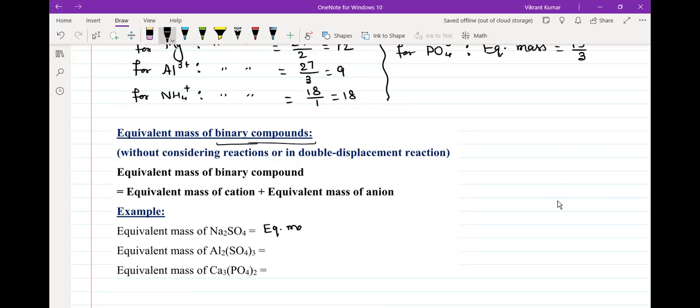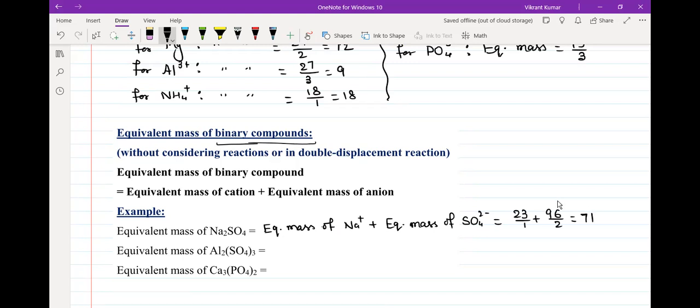Okay. So the equivalent mass of Na plus plus the equivalent mass of SO4 2 minus, and we have done the calculation. For Na plus it was 23 by 1, and for sulfate 48, so 23 plus 48, it will become 71.